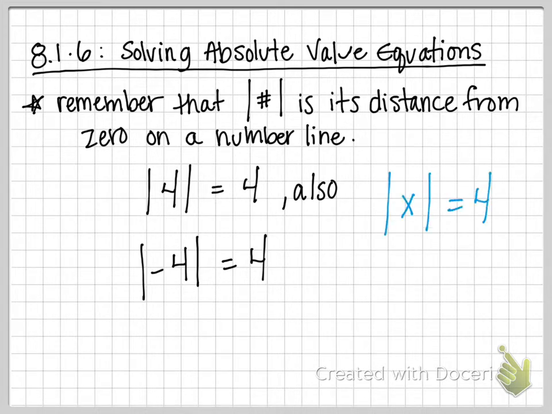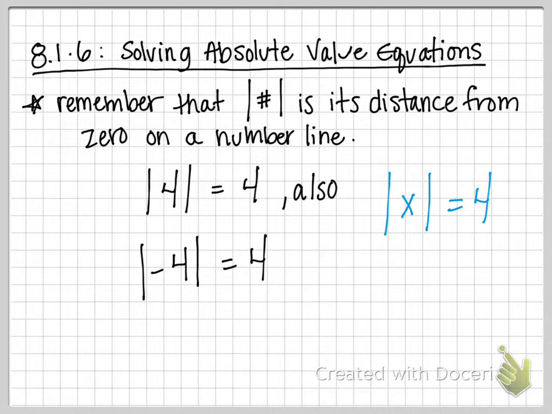So here's the key. What if I said to you, the absolute value of x equals 4? What could x equal? There are two things that this x could equal if its absolute value is 4. It could equal +4, and it could equal -4 because they both simplify to 4, right?